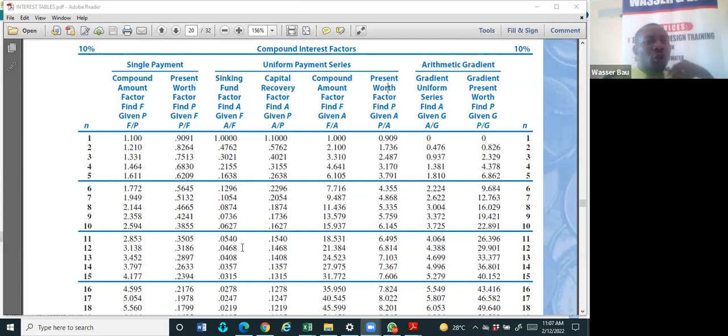So I'm going to go to the 3rd column at 10%, because I'm looking for money to sink. I'm looking for that amount, that annual worth, so that every year I'll just go to the bank and pay that money. Then at the end of 5 years, 75,000 will pop up.